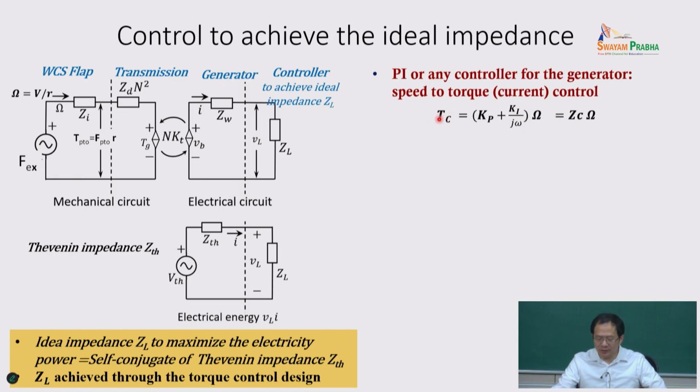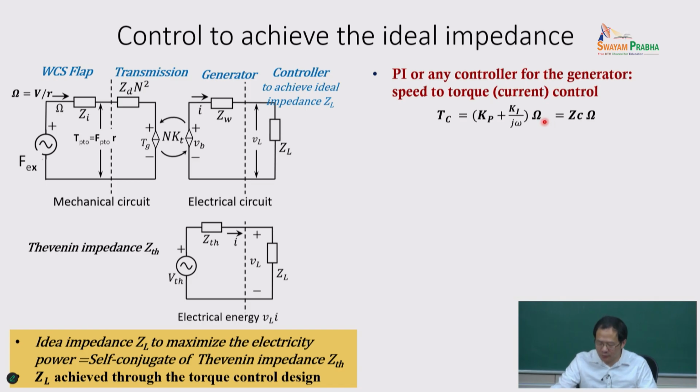You want to control the torque or control the current. You design the controller ZC, and here we take ZC as a PID controller. This is the P gain and the integration gain, times velocity, right?